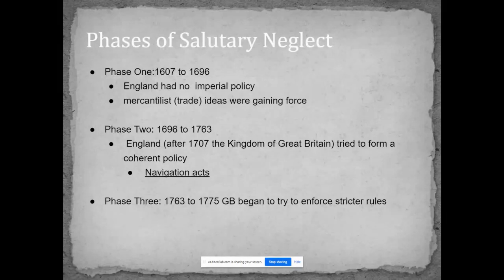Getting back to the question, Patrick Henry, no taxation without representation. What do you think he's getting at there? For the colonists, why do you think they're upset about these taxes? Based on Patrick Henry's famous phrase of no taxation without representation. The colonists had a government.